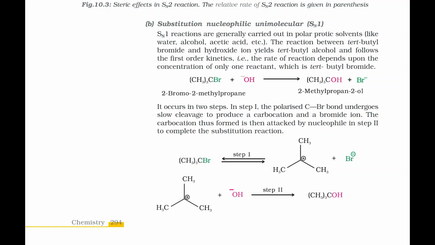If the carbocation doesn't form in the first step, there is no further reaction as per SN1. So the C-Br bond breaks, Br becomes Br minus and carbon becomes positively charged. This carbocation gets stabilized. You know tertiary carbocations are more stable than secondary and primary ones because of the no bond effect and resonance effect.